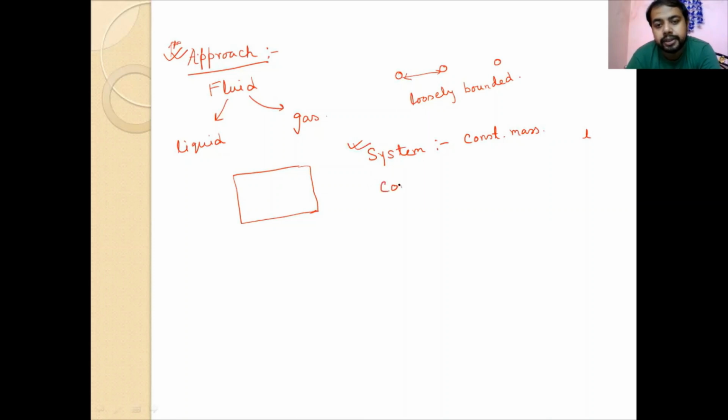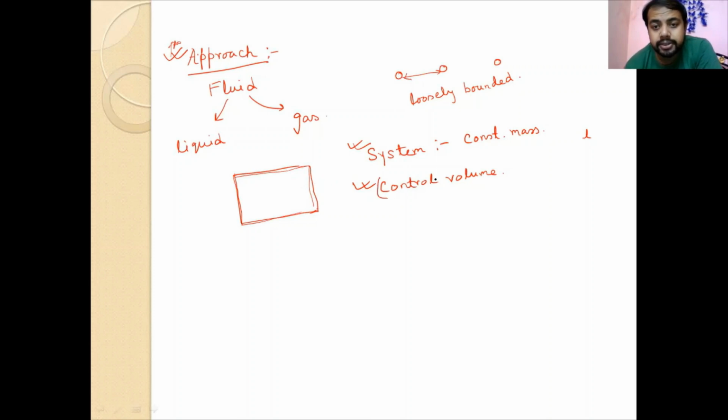Another approach in fluid mechanics is the control volume approach. Two approaches: system approach and control volume approach. In the system approach, most of the equations are valid for the system, that means Newton's laws of motion. Here you see, this is a system. Some confined mass is there, and mass is a constant quantity in the system.